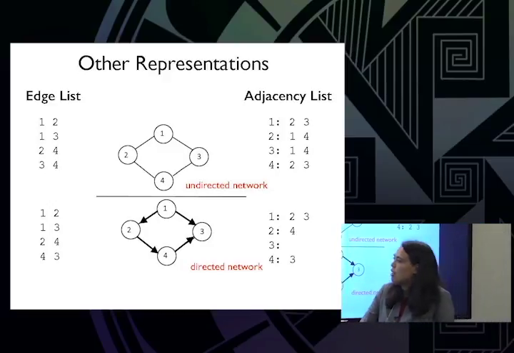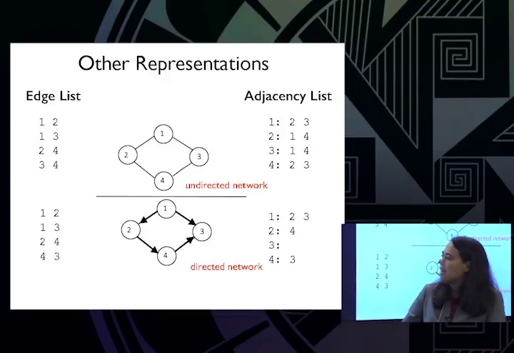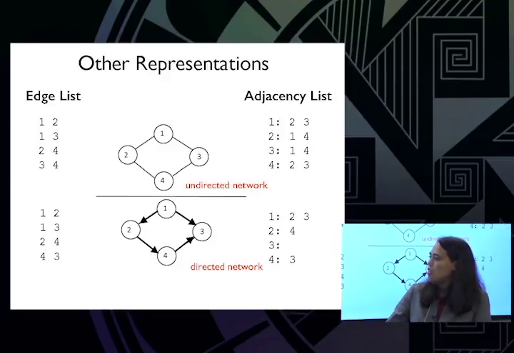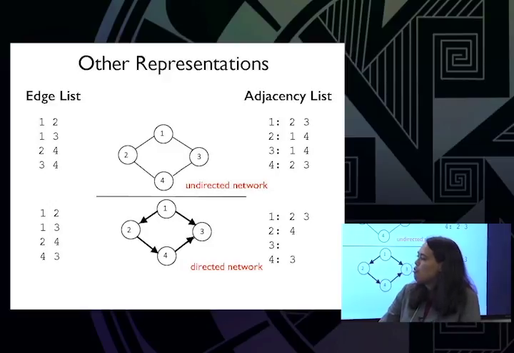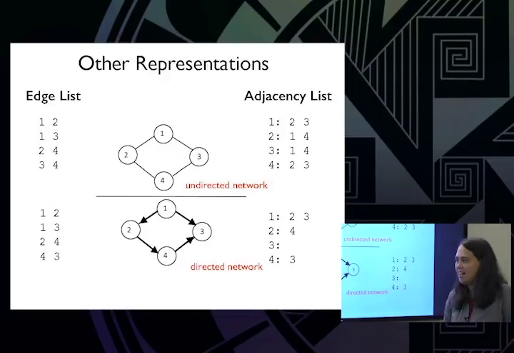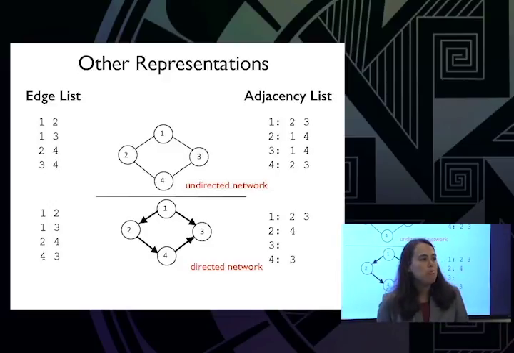In the directed network, I'm no longer making that assumption that the relationship is bidirectional. So here I have an edge that points from node 4 to node 3, and it wouldn't be equivalent for me to list that as 3, 4. So this is a very compact representation.